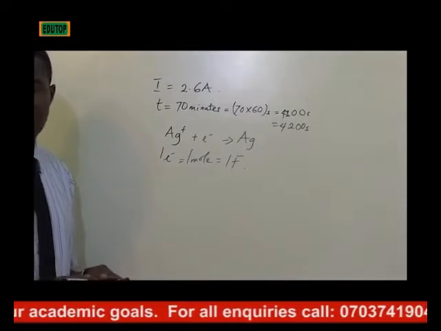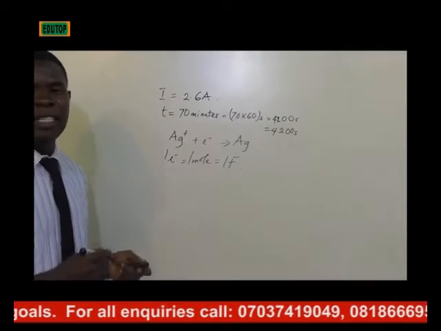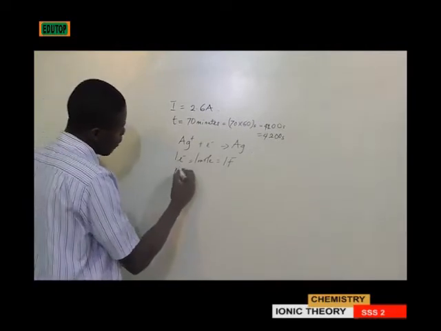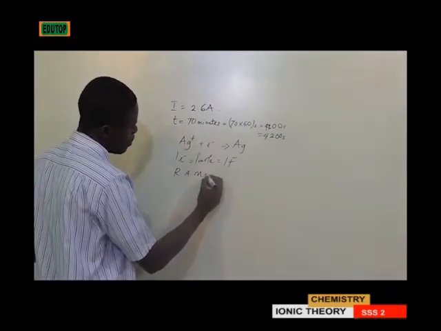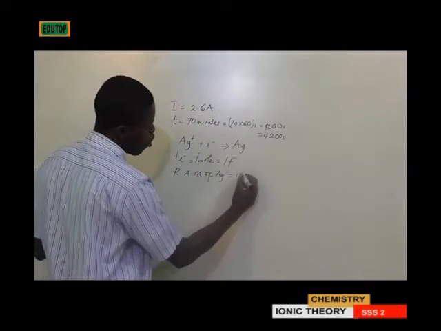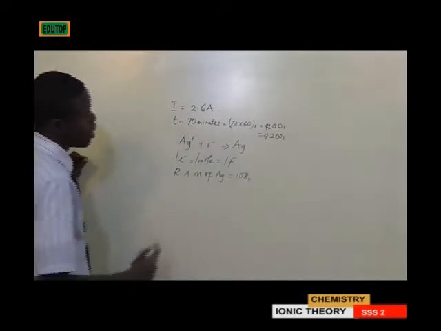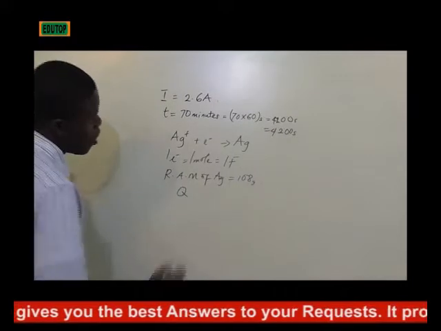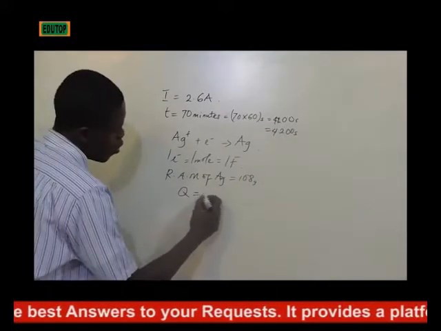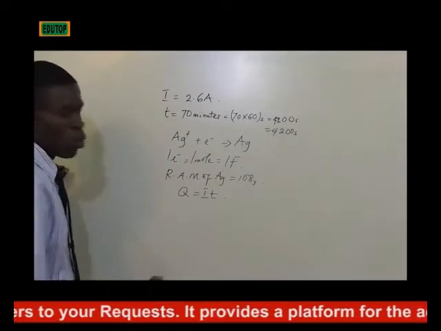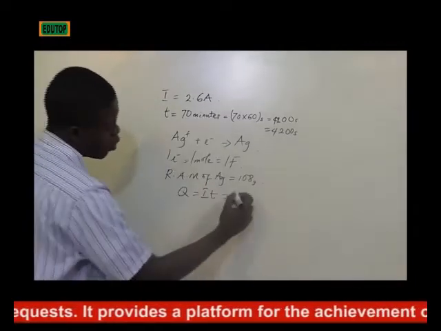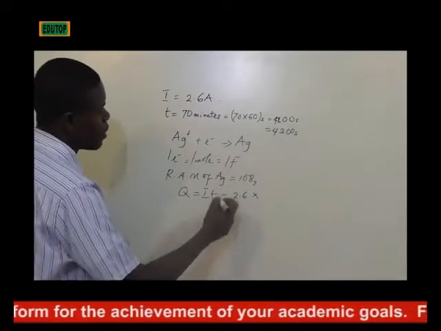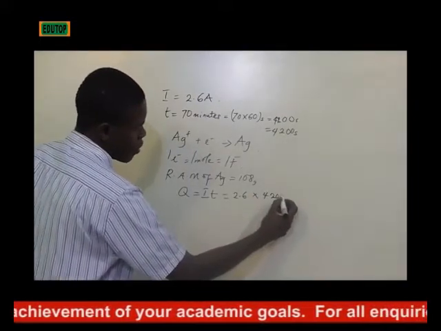Since the question asks us to calculate the mass of silver deposited, and the relative atomic mass of silver has been given as 108 gram, we know that the quantity of electricity is equal to IT, which is 2.6 times T, where T is 4,200 seconds.